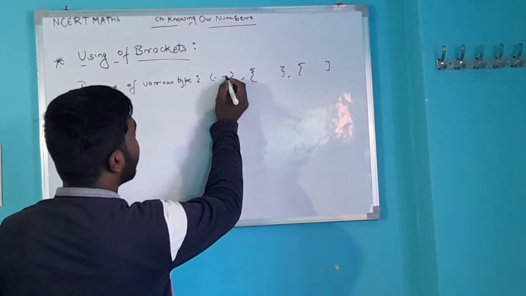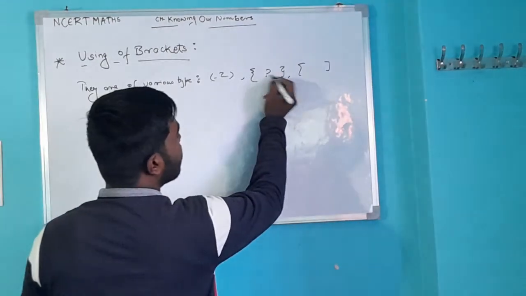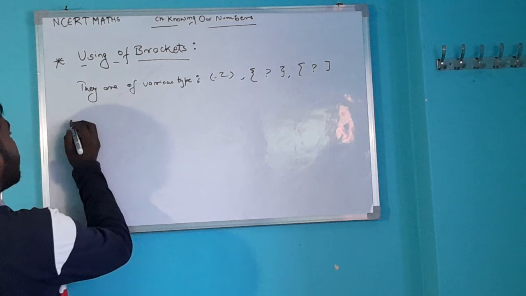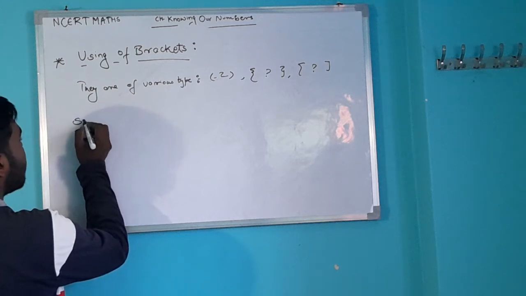Between these brackets, the numbers occur. Let's understand the use of brackets by an example.